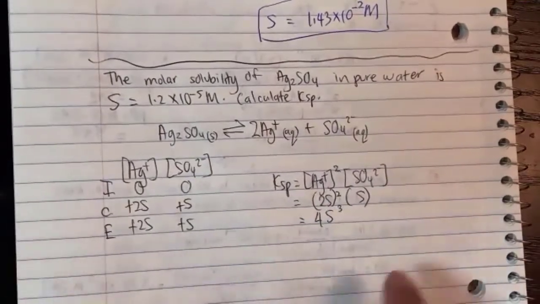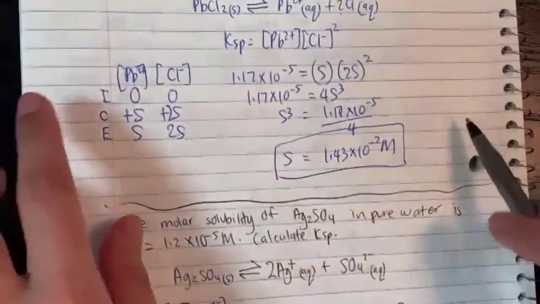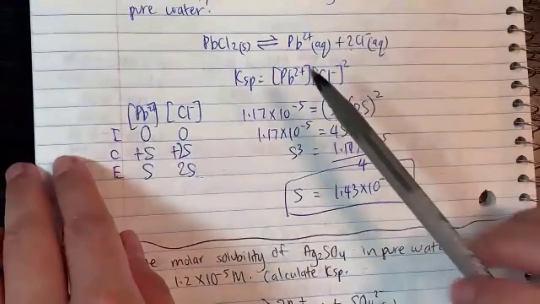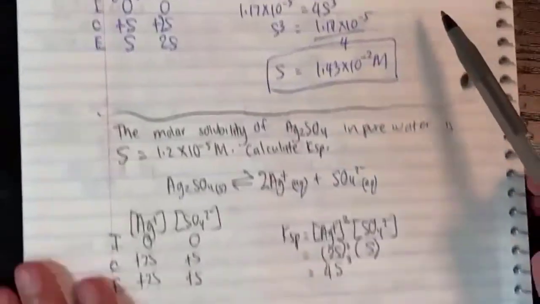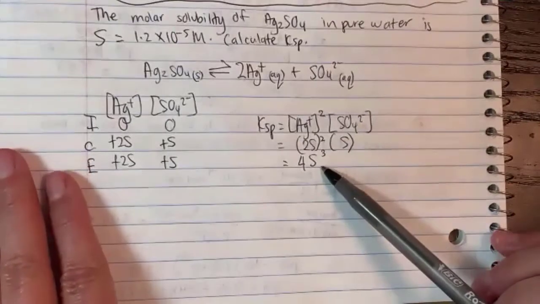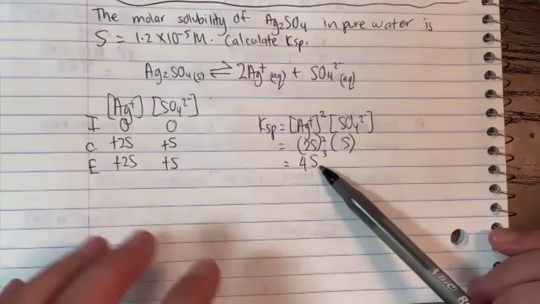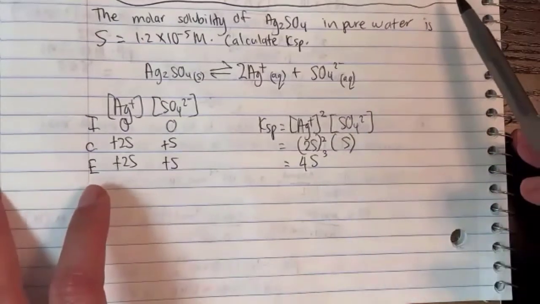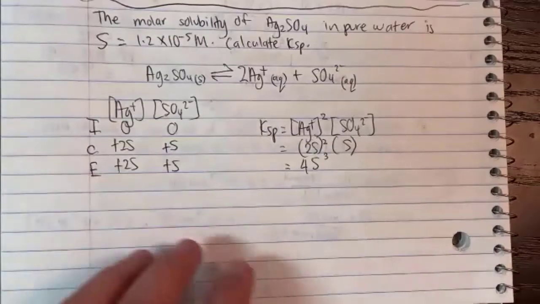Okay, so once you see this is 4S cubed, notice this one up here also had 3 ions, and it's also 4S cubed. See that? So that's why the number of ions is important. If it's the same number of ions, the pattern for the KSP is the same as the pattern for S. But if it's different ions, the formula comes out different.